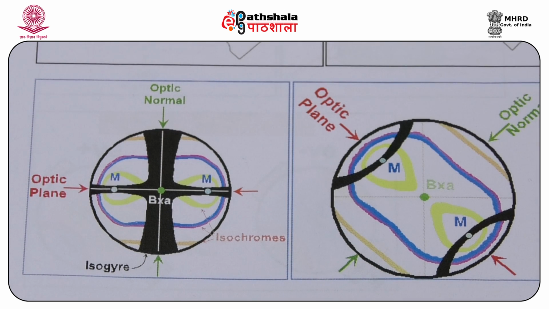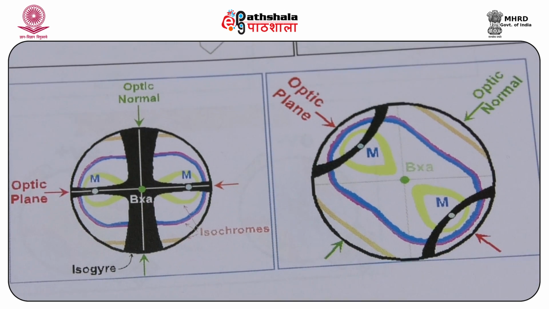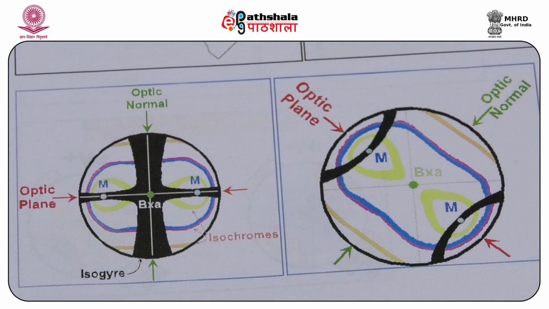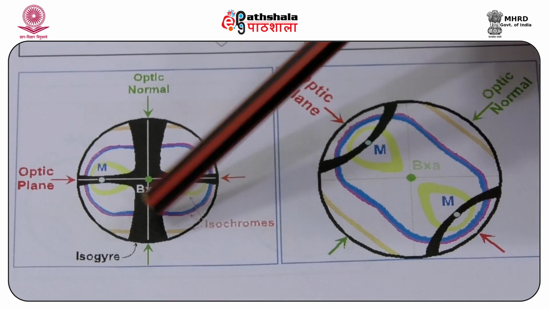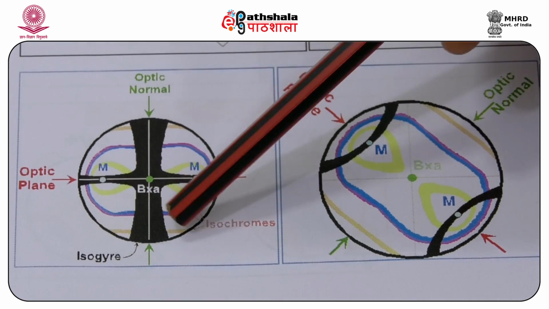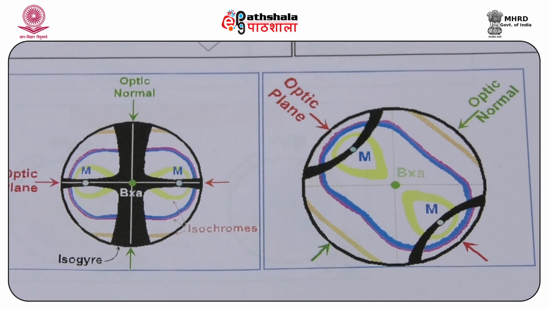The melatopes, as I have already mentioned, if they are in the field of view, an interference figure will have two isogyres which will change as the stage is rotated. Isochromes will also be visible, superimposed on the isogyres. These isochromes usually form an oval shape about the melatopes, as can be observed here in the diagram.